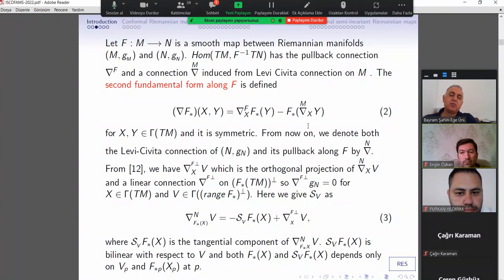But here we have the general case, because in this case you need to use the pullback bundle to define this notion. And like the Weingarten formula here, we have 3 as a Weingarten formula. But here we need to use the pullback connection to define this notion.